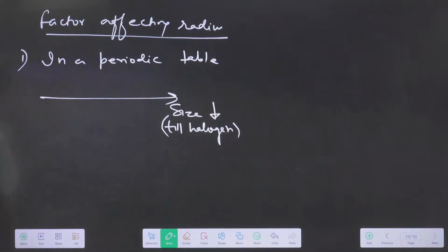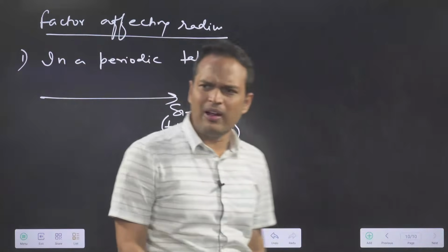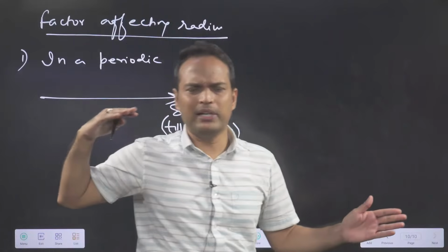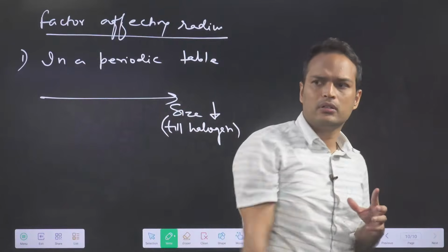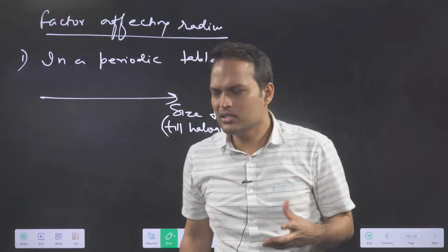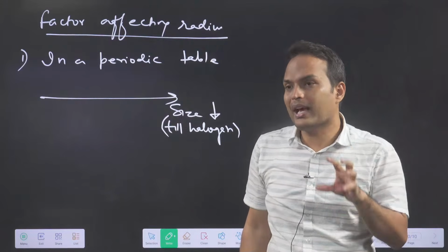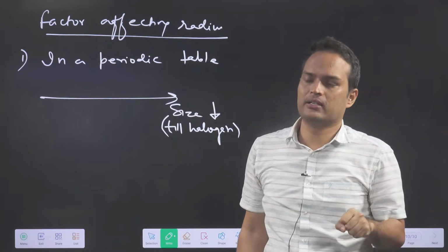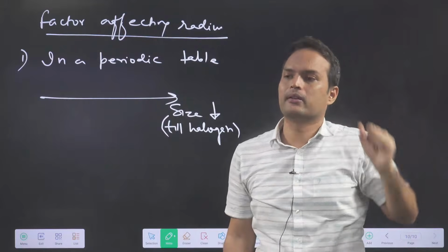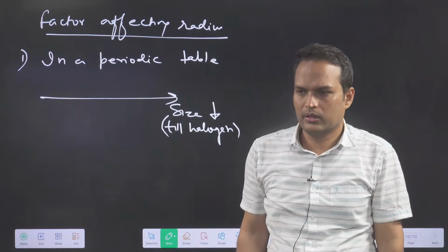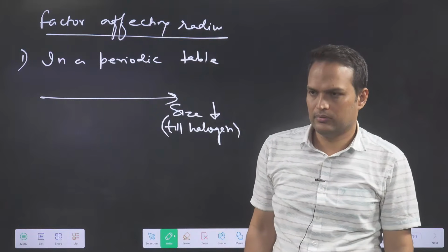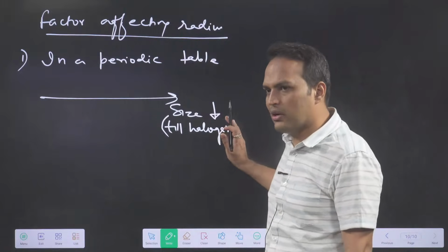Then you can say, sir, why you are writing till halogen? You can write complete, size decreases. Why we are writing this? Because at last noble gas will come. In noble gas we measure van der Waal radius. So that radius can be bigger. So that's why we are doing till halogen.